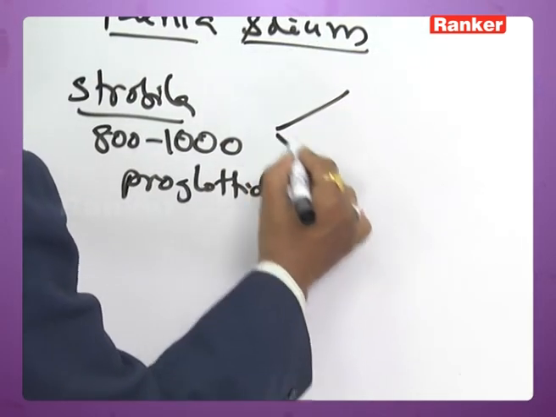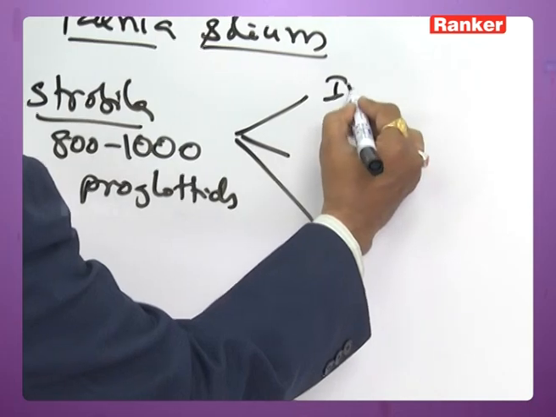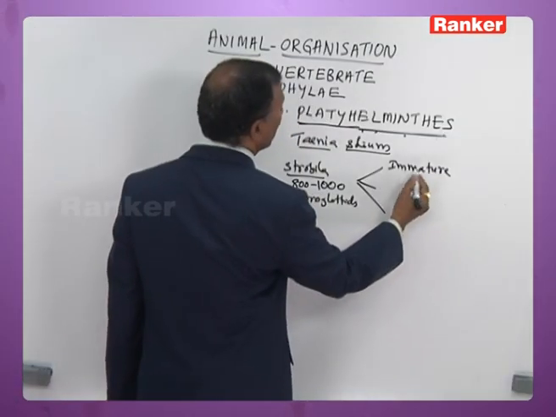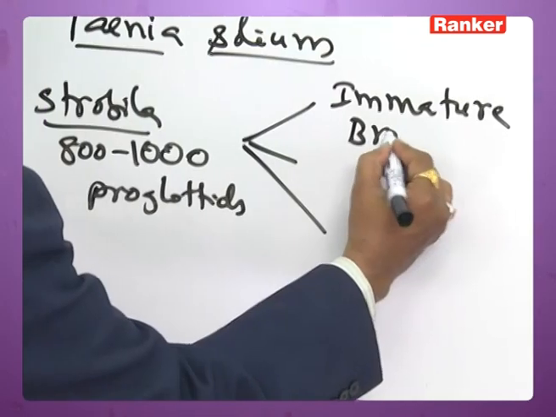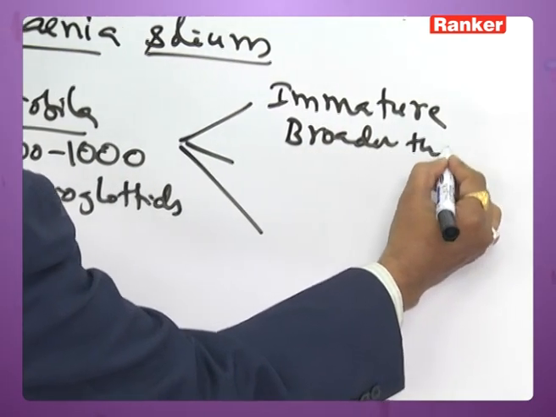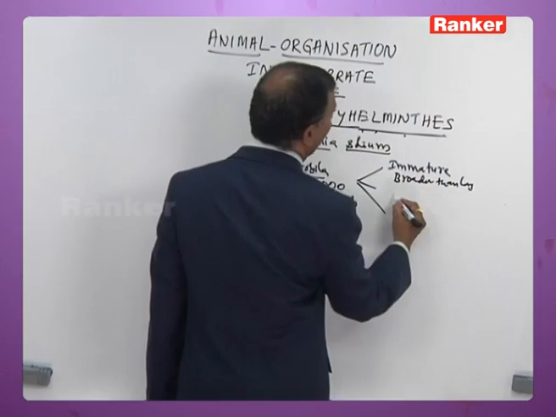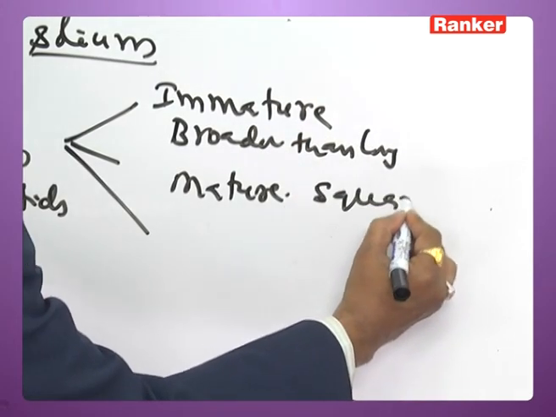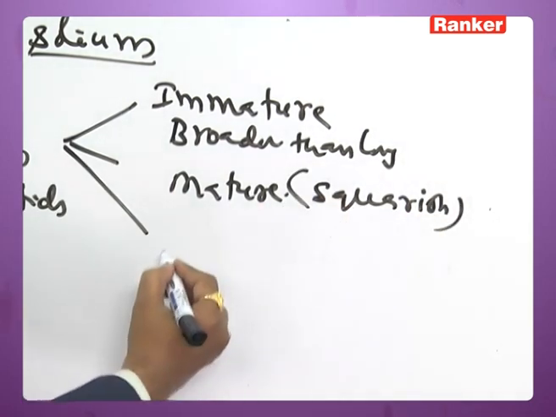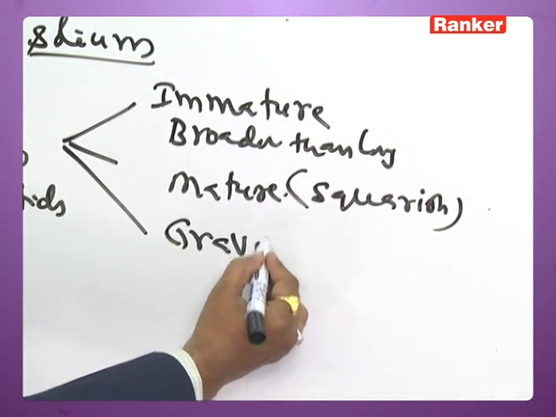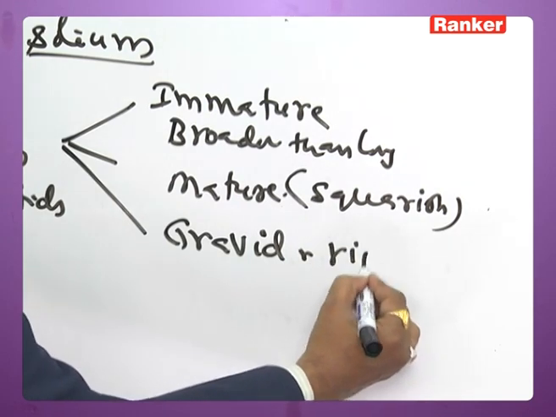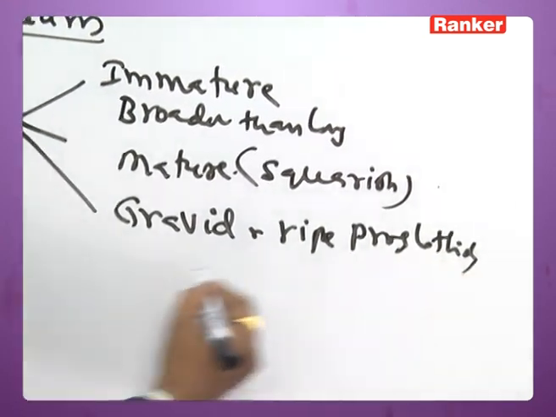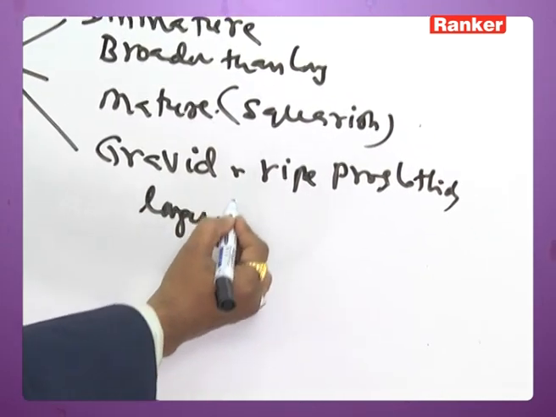Strobila in turn consists of immature proglottids, which are broader than long, mature proglottids, which are squarish, then gravid or ripe proglottids, which are longer than broad.